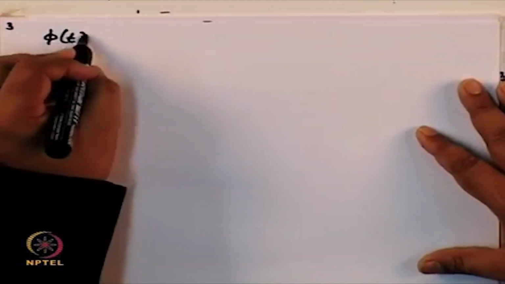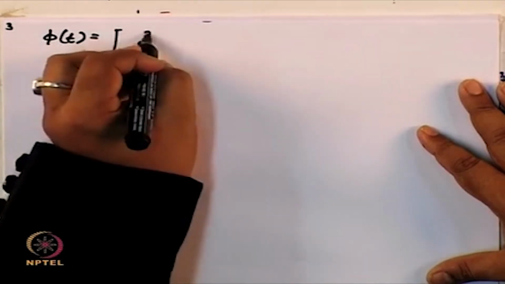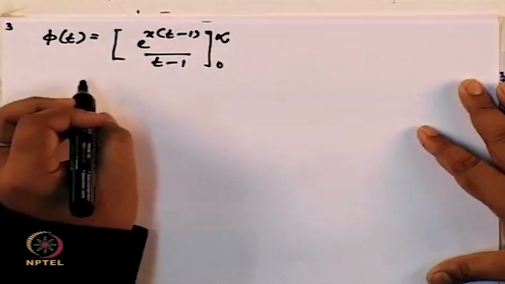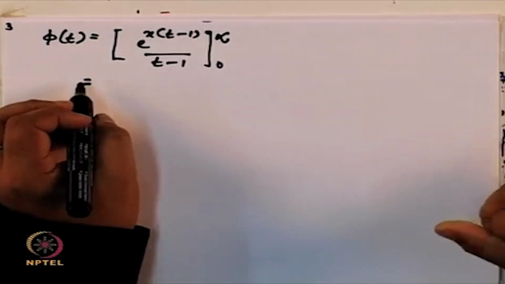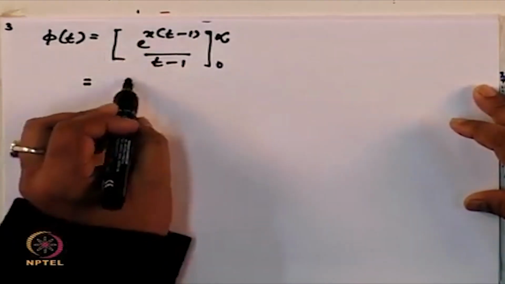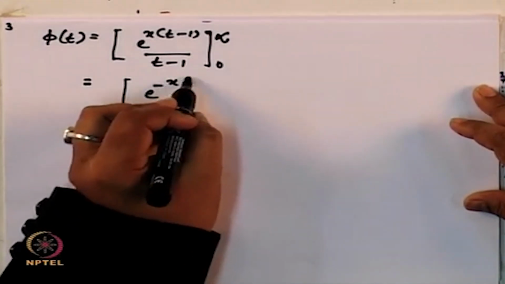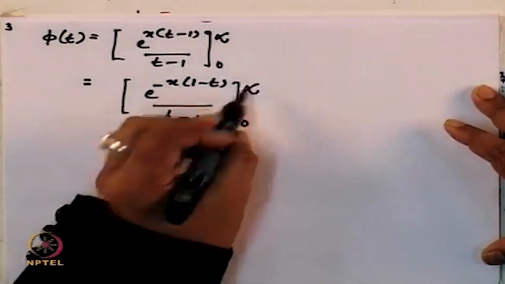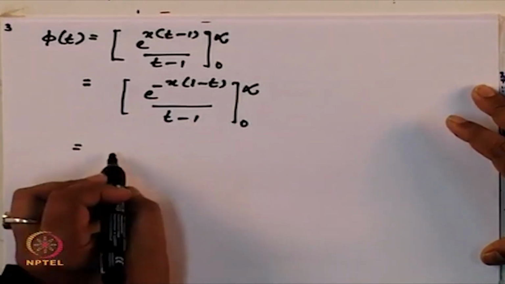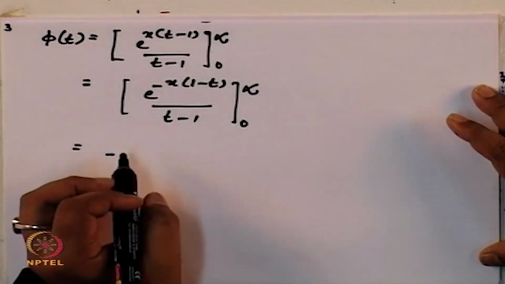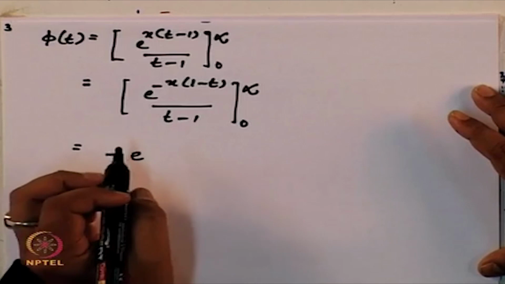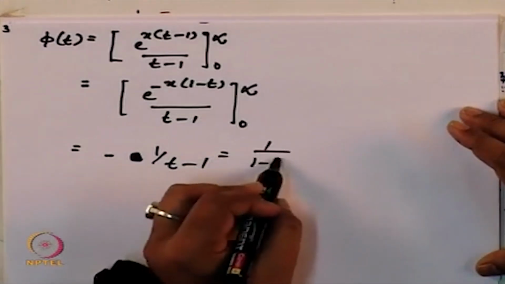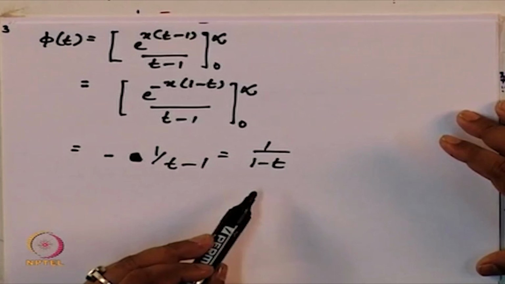Evaluating the integral, with the value at x equal to 0 contributing 1 by t minus 1, I get phi of t equal to 1 by 1 minus t.